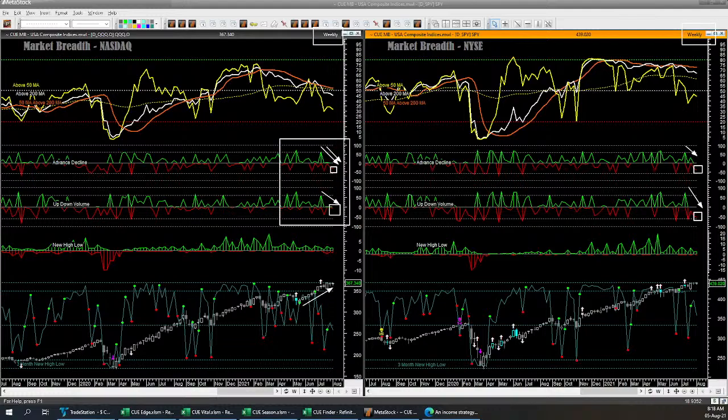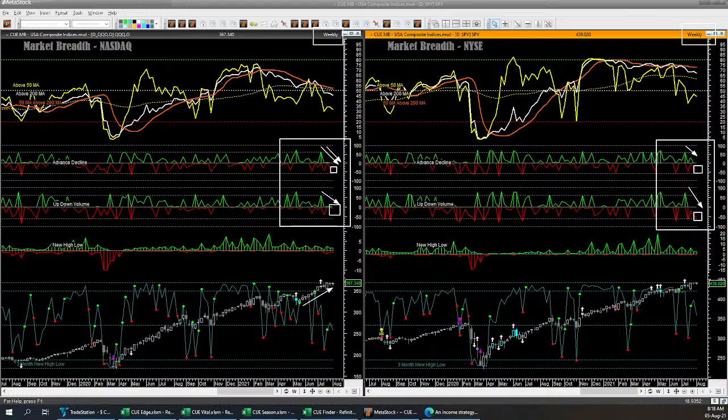The advanced decline and up-down volume show the weakness at the market top before the market ETFs turn down in 100% of cases so far. So that's why I keep an eye on them when they are showing bearish divergence. I am cautious and don't like to buy stocks at the market top.